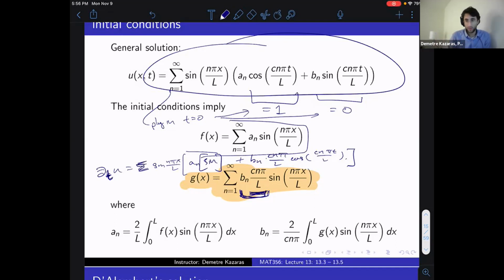And so, when we're trying to figure out what the coefficients are, this is what they turn out to be. The ANs will just be 2 over L times the integral from 0 to L of f integrated against the sine function, n pi x over L. Just the usual Fourier coefficients. But because of what the interval is, you have to multiply by 2.